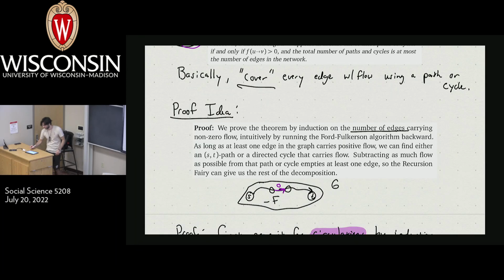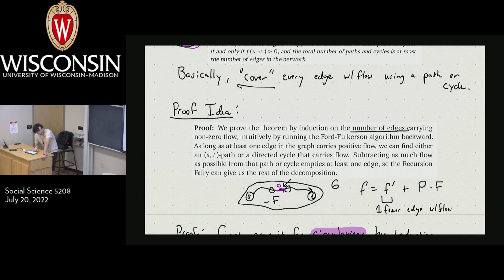So we have our F is equal to some F prime plus a path times capital F. And so our F prime, which is our flow with that path removed, has one edge with 0 flow because that was the bottleneck. And so this F prime has one fewer edge with flow.